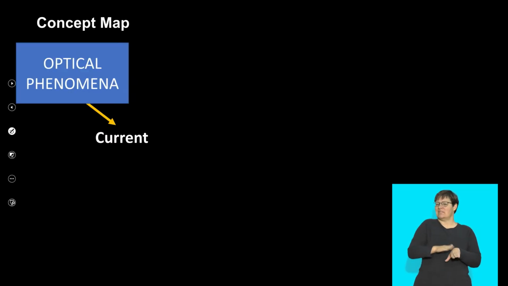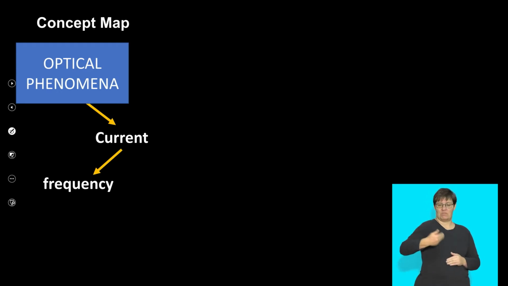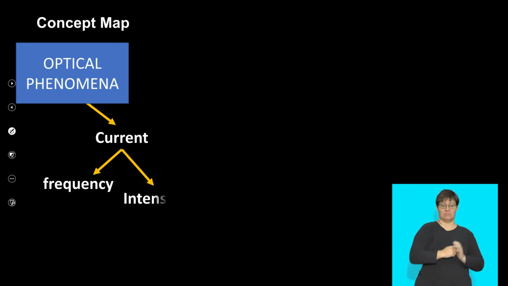When we look at the current that's produced, we have to look at the frequency of the light that's hitting the solar panel or the piece of metal. We then also need to discuss how intensity changes current. So both frequency and intensity, intensity means how bright it is, both of those affect the amount of current we get.